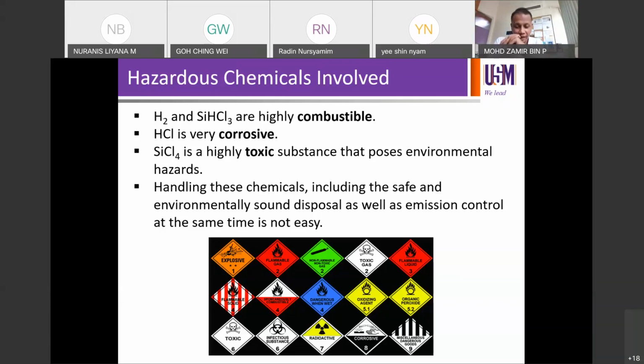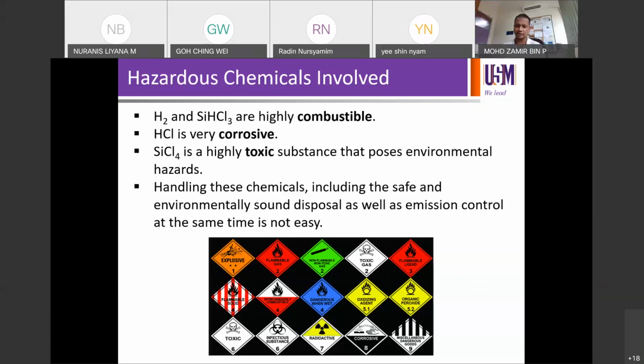Yeah, HCl, so corrosive. Anyone else? HF, peroxide, sulfuric acid, hydrochloric. Anything else?